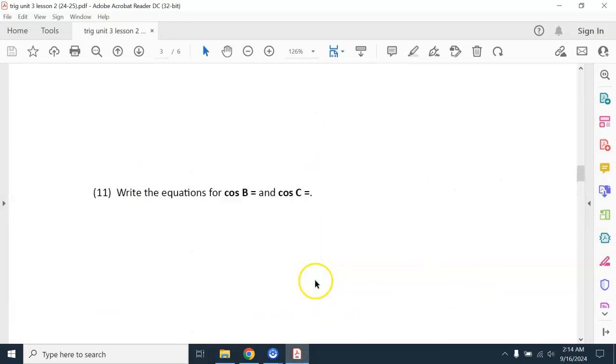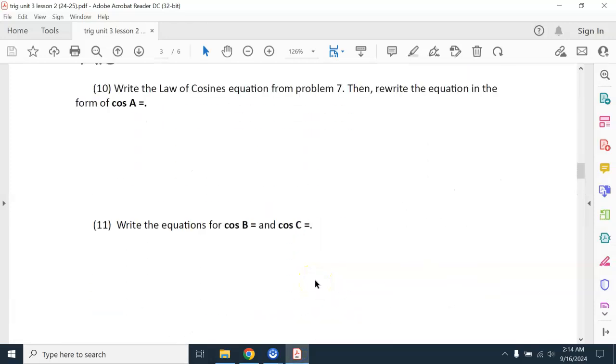Alright, so we're going to back up to problem 10. In 10 and 11, we're going to supply you with the formulas for law of cosines rewritten for an angle.